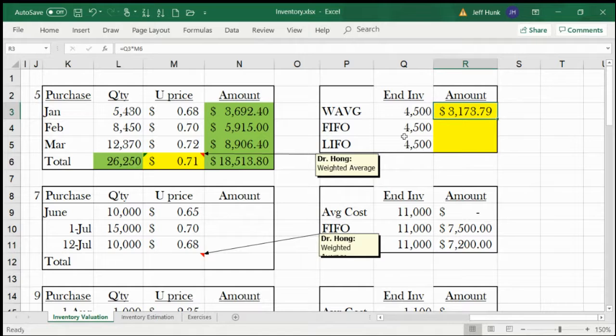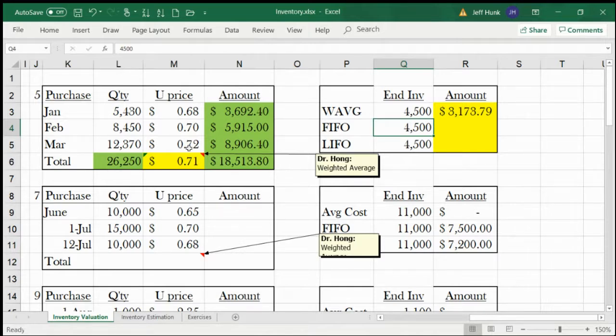Make sense? So that's what FIFO assumption is all about. So that means whatever is left in the ending inventory must have come from March, right? Makes sense? March inventory.